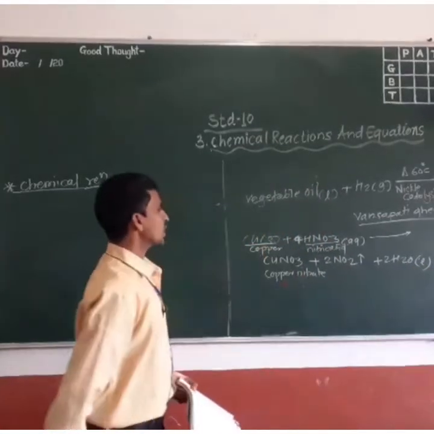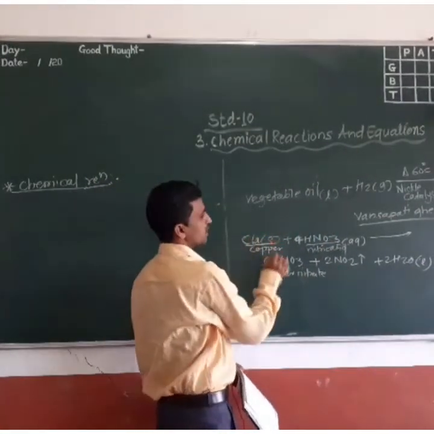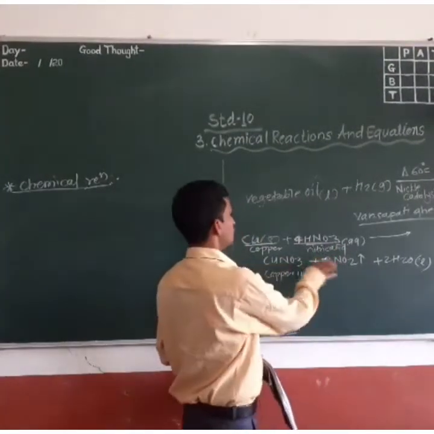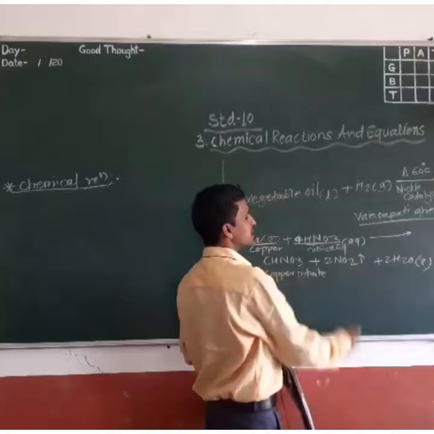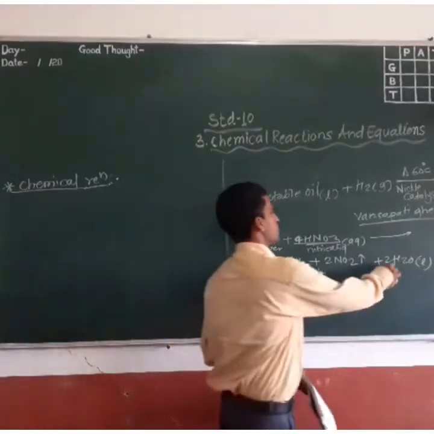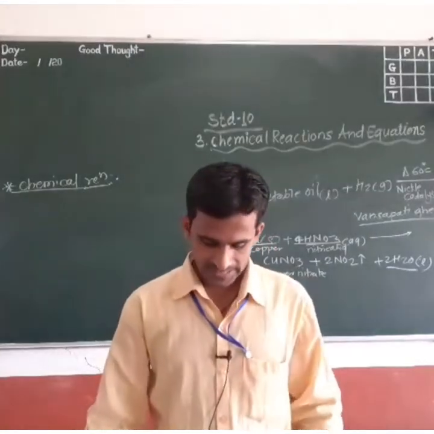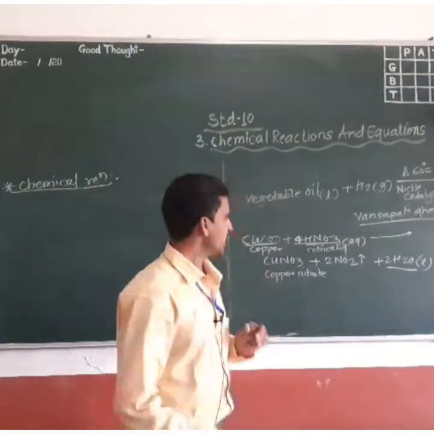Copper is in the solid state, 4HNO3 is nitric acid, forming copper nitrate plus NO2, nitrogen dioxide, plus water. This is a chemical reaction with special information about the reactants.